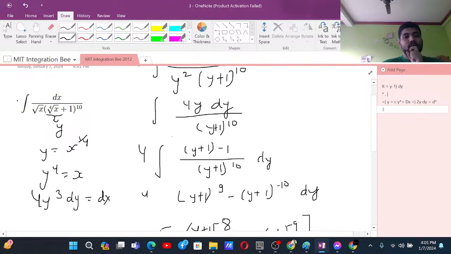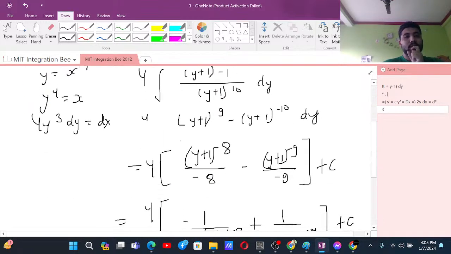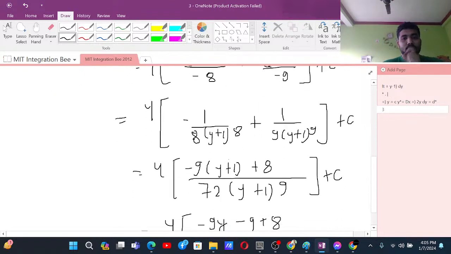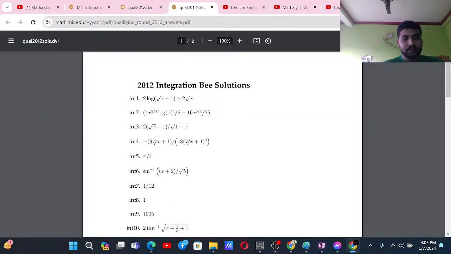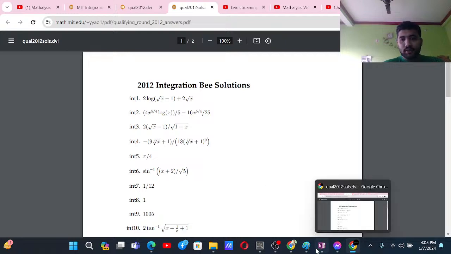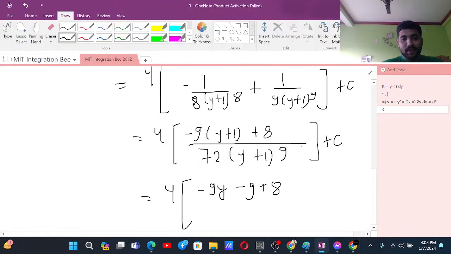Okay, so we can take 4 out, and then integrate it part by part. I don't think I made a mistake, but maybe in my answer key there might have been some mistakes. First of all, let me check the answer, what it is. Actually, I'm doing it right now, and in my copy there was a mistake.